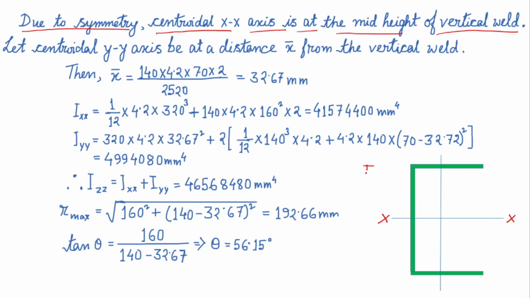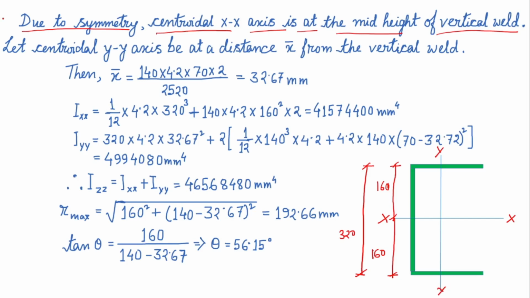That means if its total vertical height is 320, this centroidal axis will be at a distance of 160 from both edges, top and bottom, because this welding part of the bracket is symmetrical about the x-axis, but remember it is not symmetrical about the y-axis, which is yy.